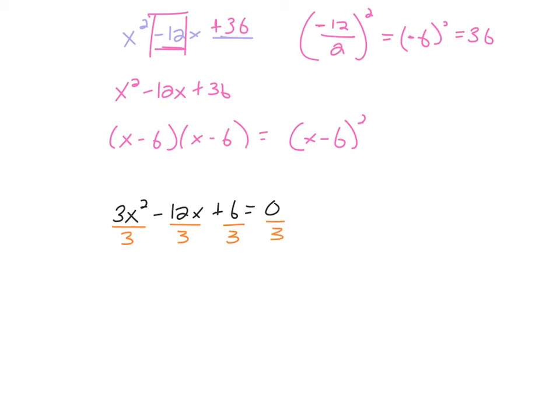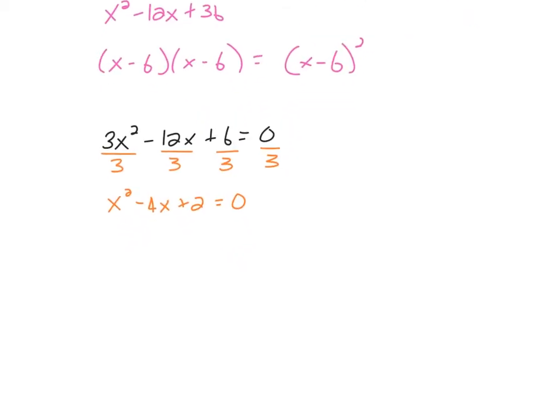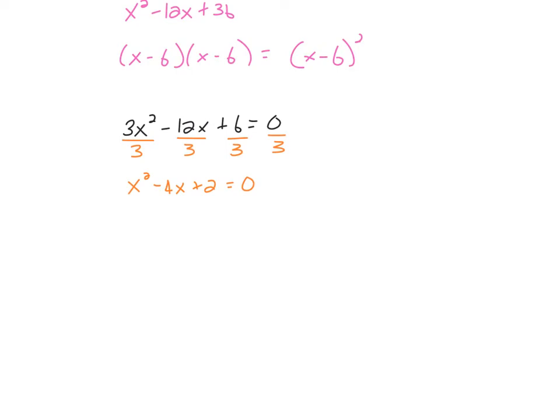Same thing to everything, so I'm keeping it balanced. x squared minus 4x plus 2 equals 0. Now on the left, this cannot be factored into a perfect square. I cannot factor this into x minus something squared. It's not possible yet.